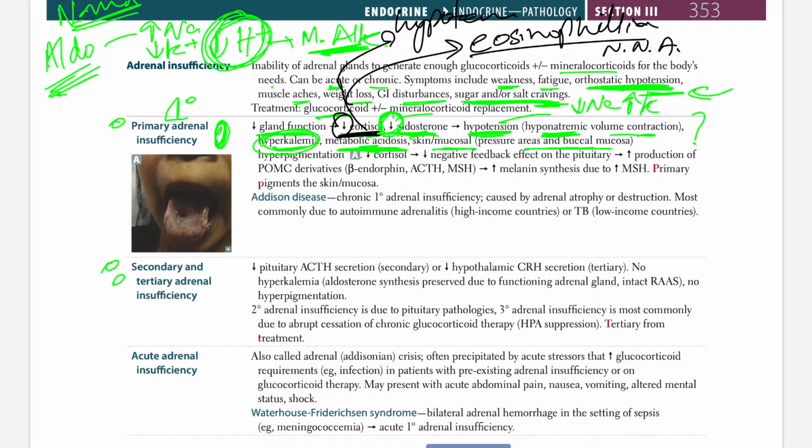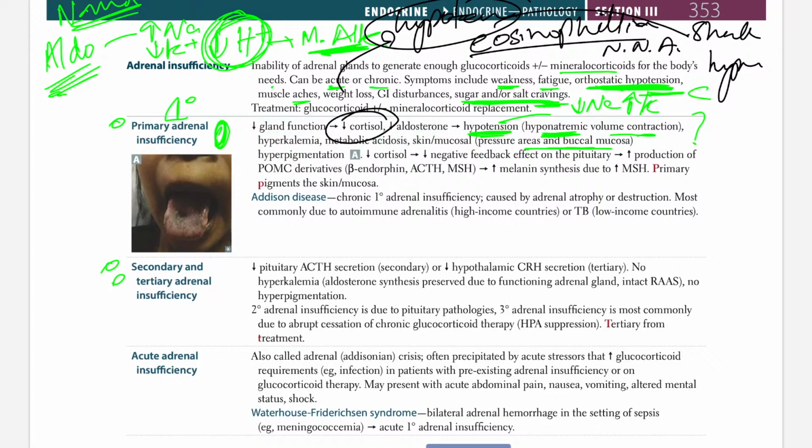And with this, two extra things. Because you are going into hypotension, you can go into shock, and also you're going to have hypopigmentation because you don't have the cortisol. Well, my bad. Because you have low cortisol, it's going to be hyperpigmentation. Let me tell you how. Why is that?